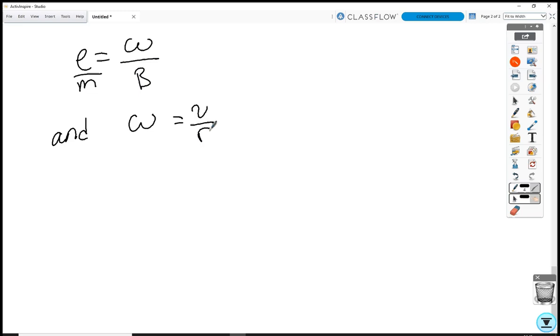So now we can make a substitution for omega and put v over r. So E over M is equal to omega, which is v over r, that's v over rB.